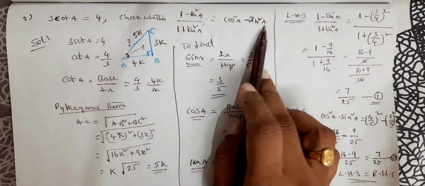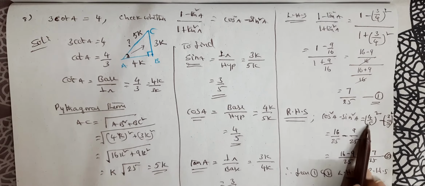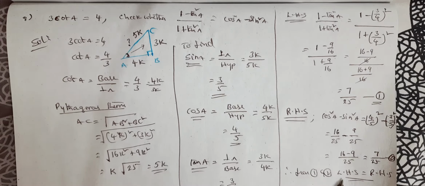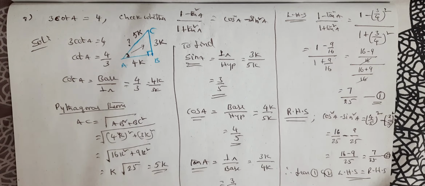And now we took RHS separately, and from RHS also we got 7 by 25, which means that LHS is equal to RHS. Right, so this is the problem. Right, beautiful. Now just pause the video and note it down.